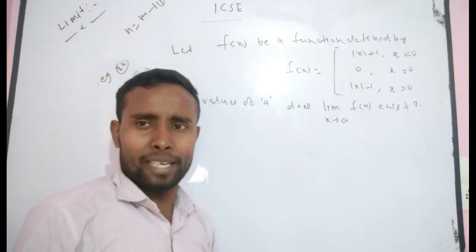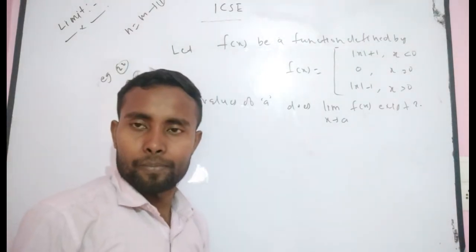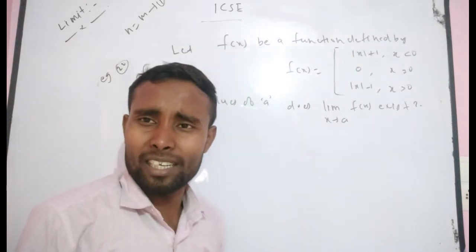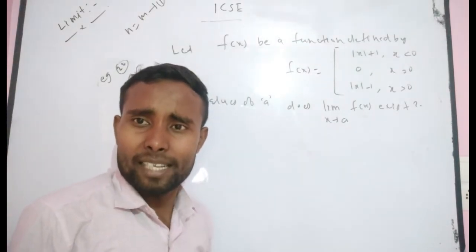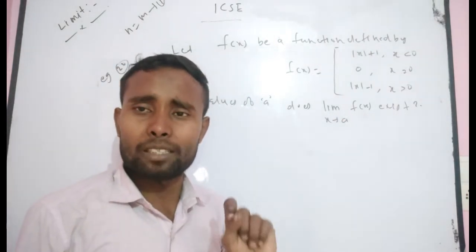There is given only this; which value of a? I have no idea about a. What is a? It may be, suppose for one minute that it is 0.